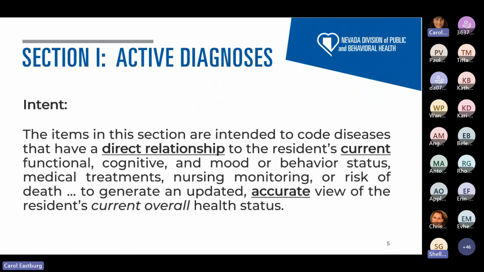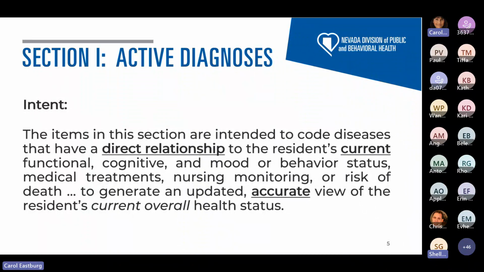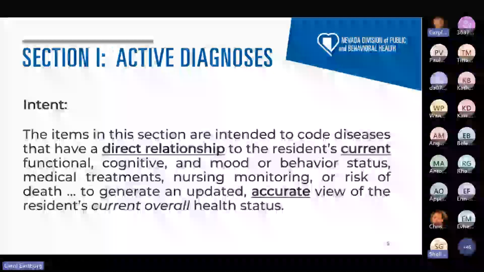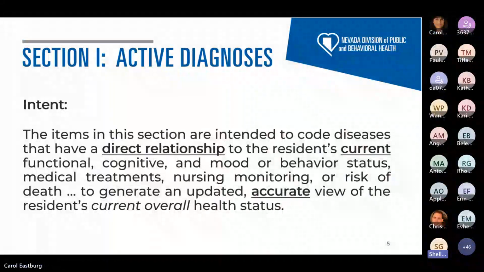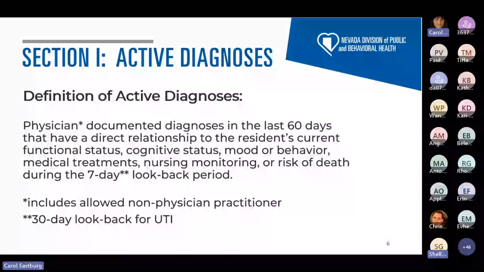The information on the slide right here, this number 5, is from page I1 or 344 of the 1694 page PDF. And this is CMS's criteria for determining what can be coded in Section I, active diagnosis, from page I7 in the manual.